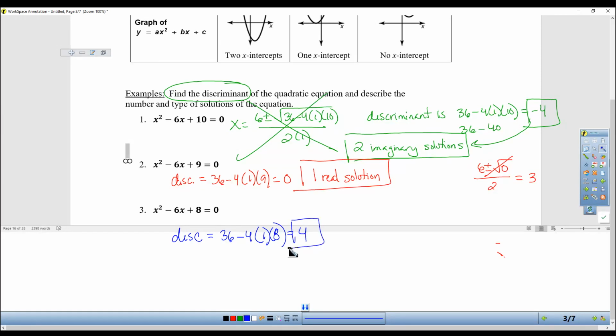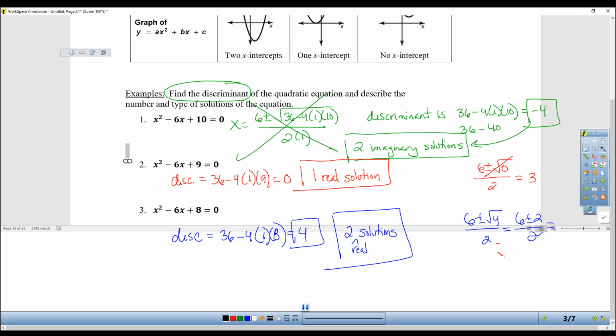So the discriminant is 4, and that means that there are going to be 2 real solutions. Why? Again, because this would have been this, and then you would have simplified it, and then you would have had 8 over 2 or 4 over 2. You would have found 2 real answers.